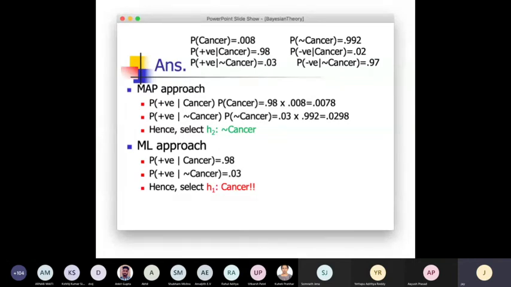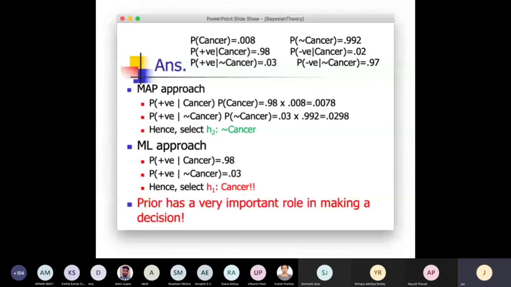So that is the importance of Bayesian inference. We always say Bayesian inference is the most sound because you are also using the prior information, which makes the model more consistent with our domain knowledge.